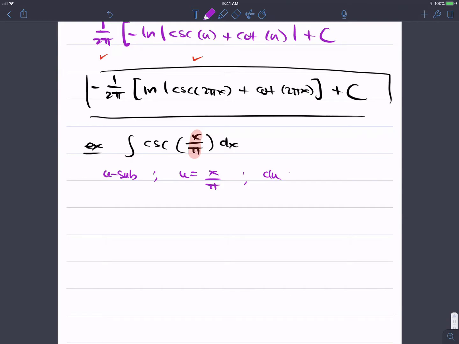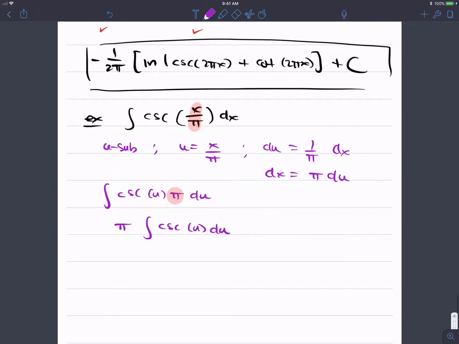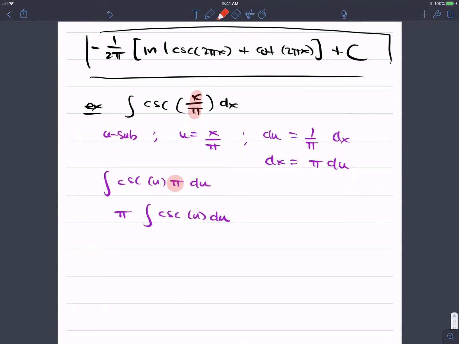And now du is simply 1 over pi dx, or the dx becomes pi du. I got this integral, cosecant u times pi du. I'm going to factor out the pi: pi integral cosecant u du. So here I have my integral of cosecant u du. I need to know what that is.